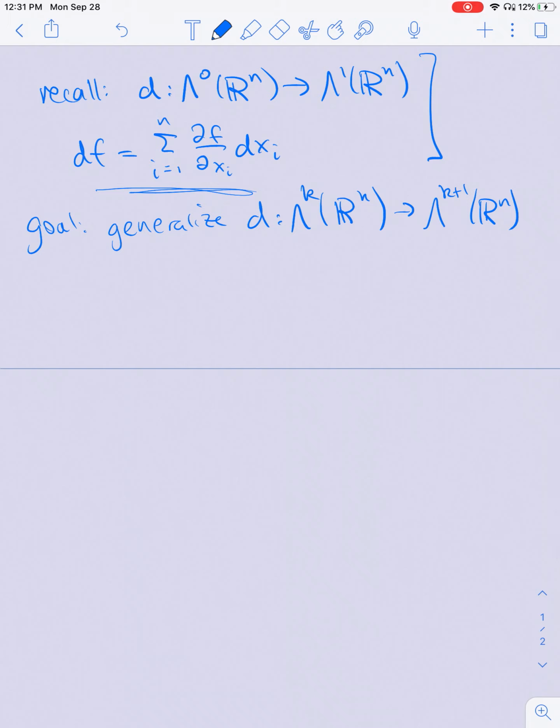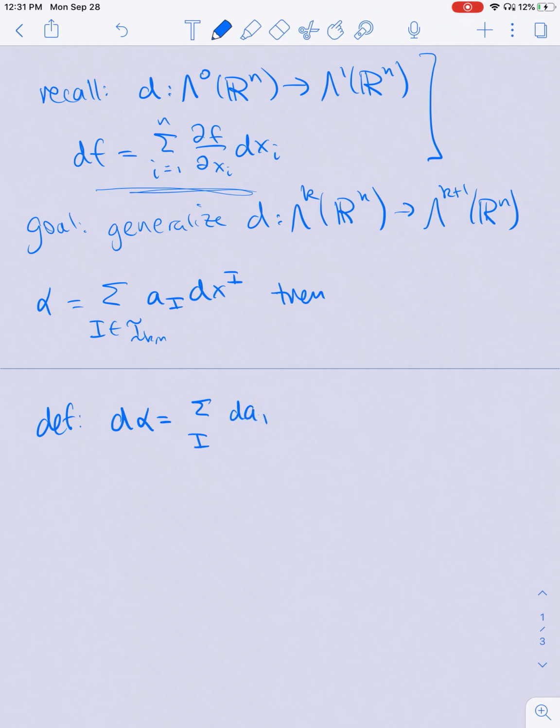So recall that if I have alpha, that's the notation we've been using, the sum over I in curly I of a_I dx_I, then I should define d alpha as the sum over the same I's of d a_I wedge dx_I. So these a sub I's are just functions.